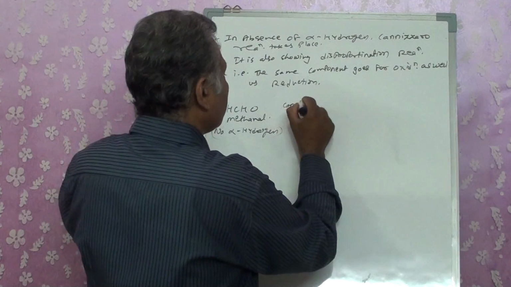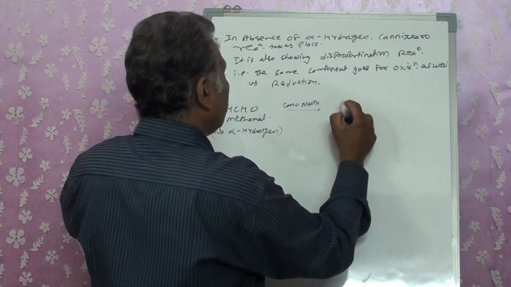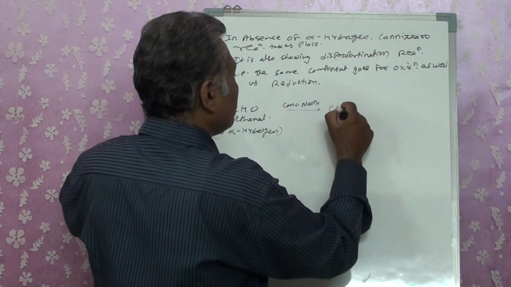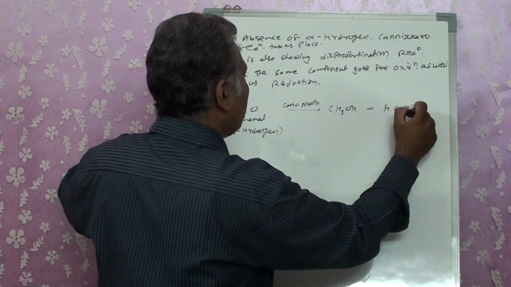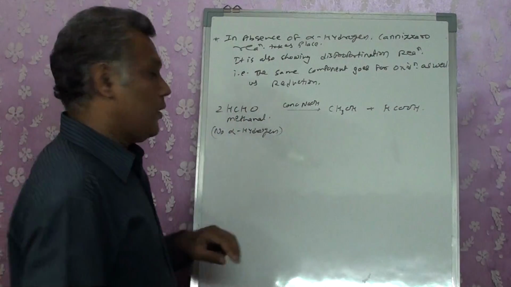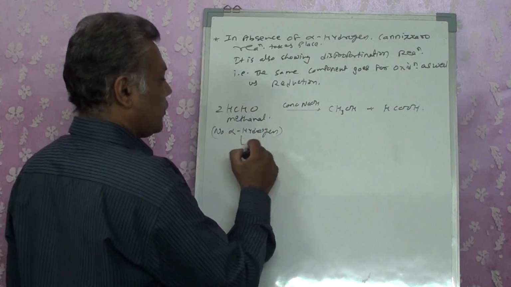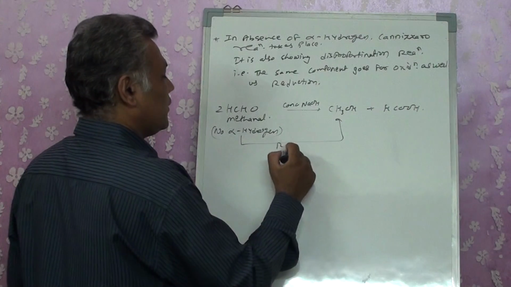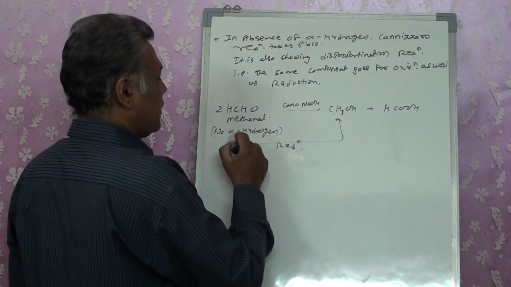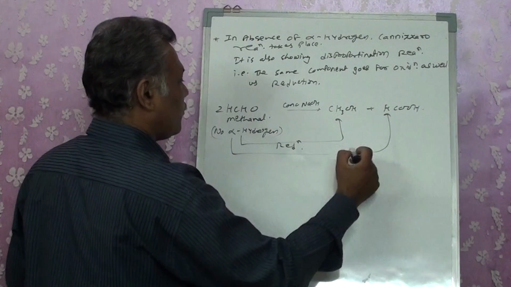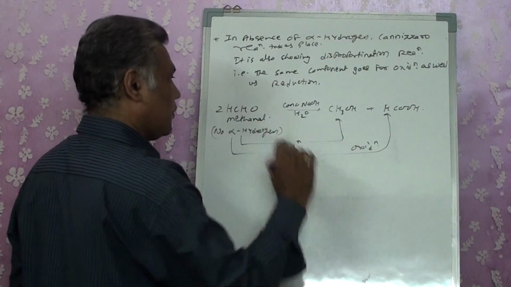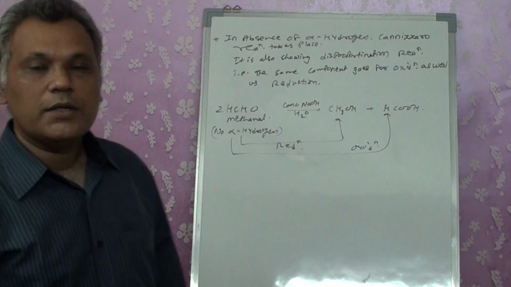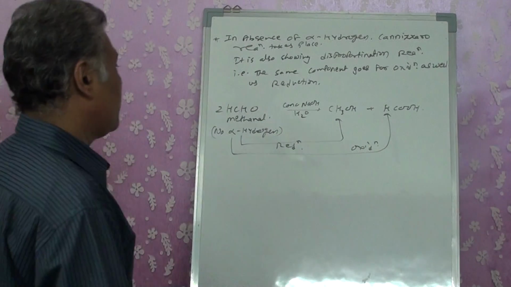With concentrated NaOH, it gets converted into CH3OH plus HCOOH. Right? That means the first one we can say that it's a reduction, and the second molecule went for oxidation. That is why it is considered as disproportionation.